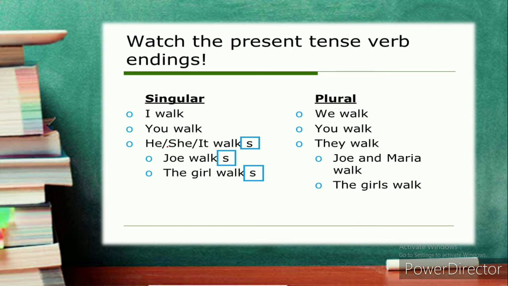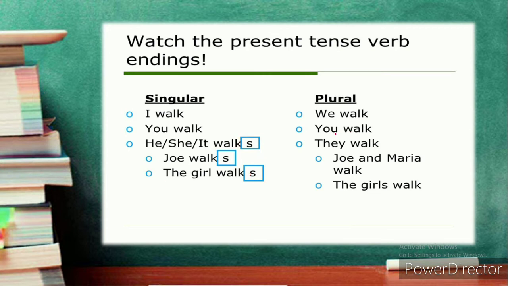For these examples, the subject in each sentence is singular. We have he, she, it, Joe, and the girl. And as you can notice, the verb walks has an S because it is in singular form.